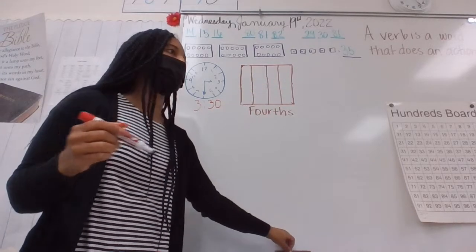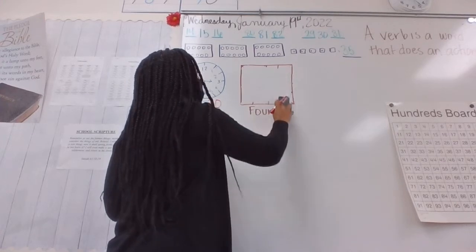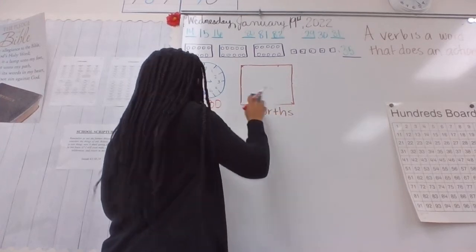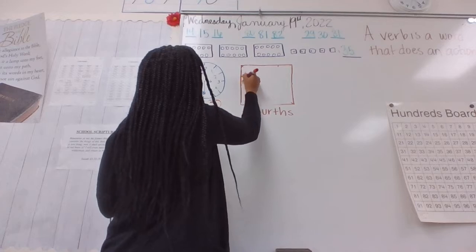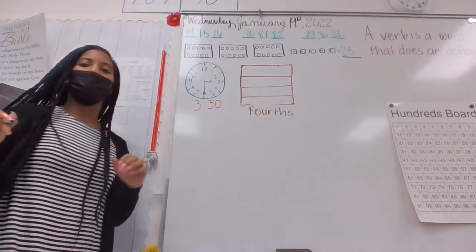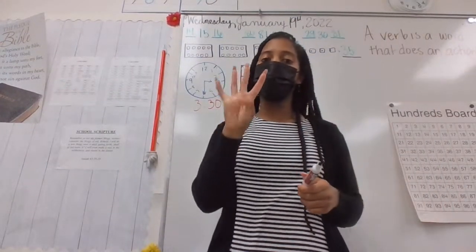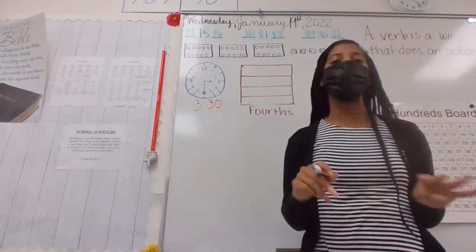And then the same thing, but the opposite way. 1, 2, 3, 4. There you go. So all of these are ways we can divide a shape into what's called fourths, which means 4 pieces.